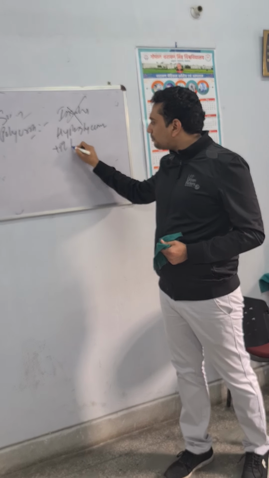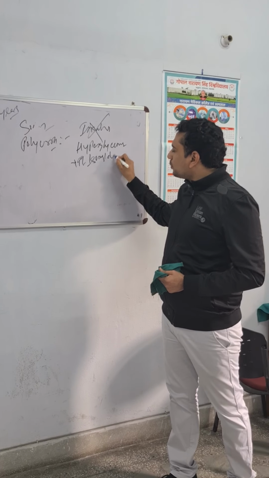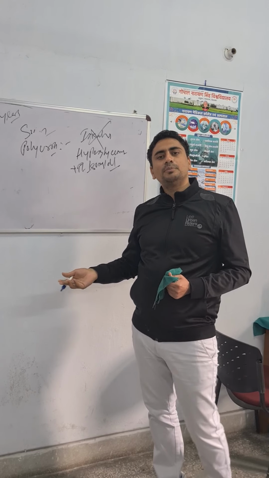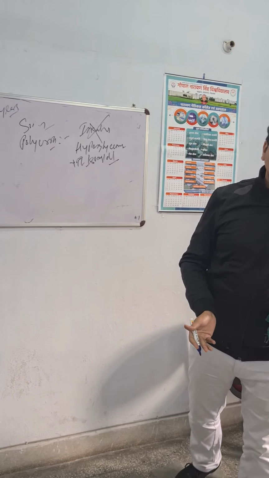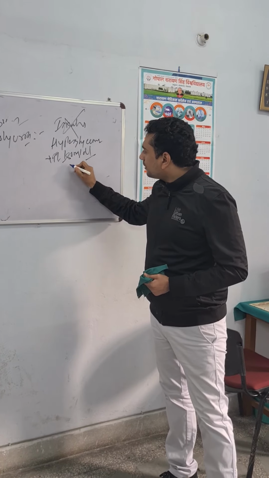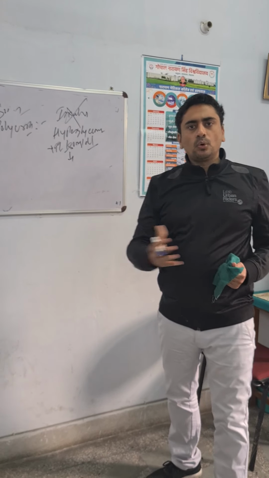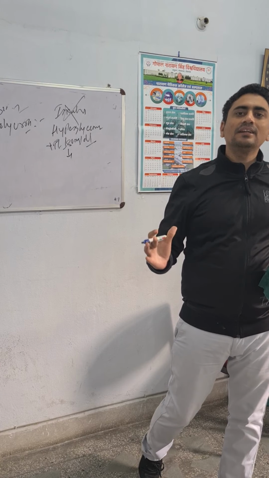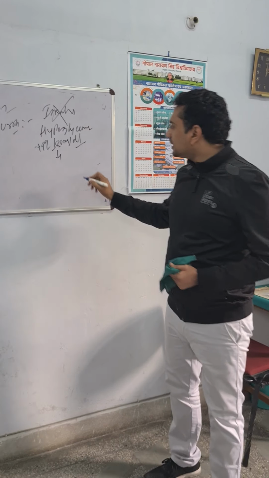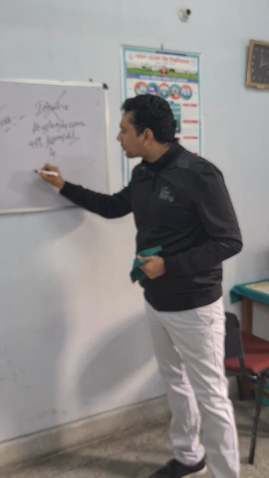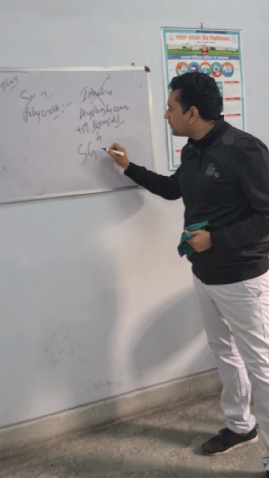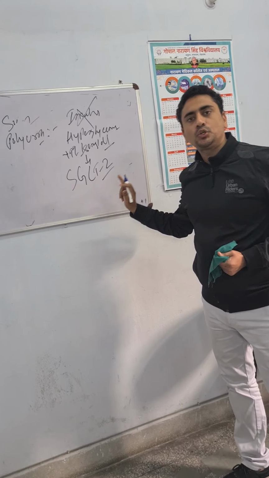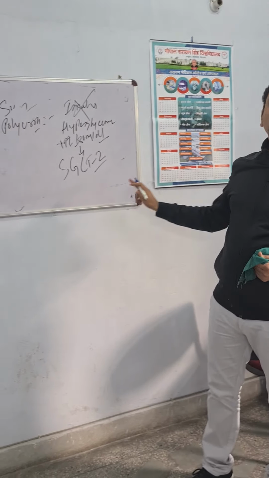Once that blood glucose level becomes equal to or greater than 180 mg per dL, the filtered glucose won't be able to get reabsorbed fully by the renal tubules. Okay, generally there is one transporter present in the proximal convoluted tubule, named sodium dependent glucose transporter 2, SGLT2.